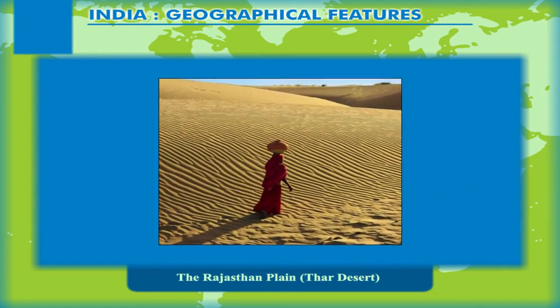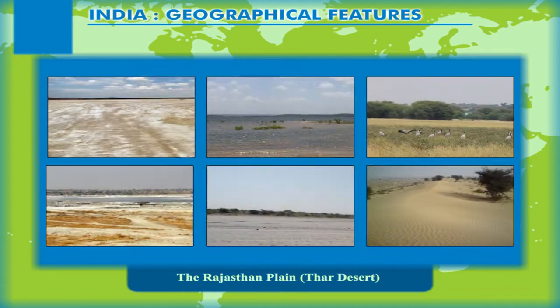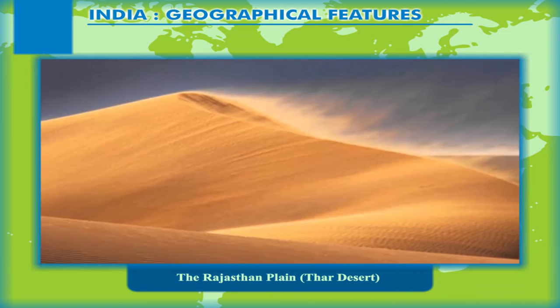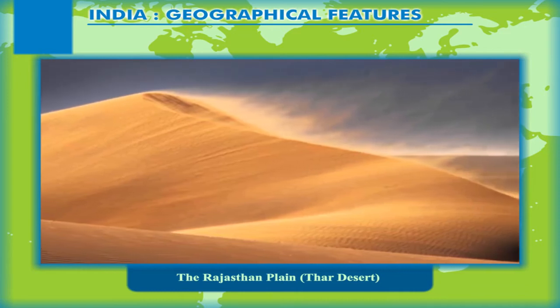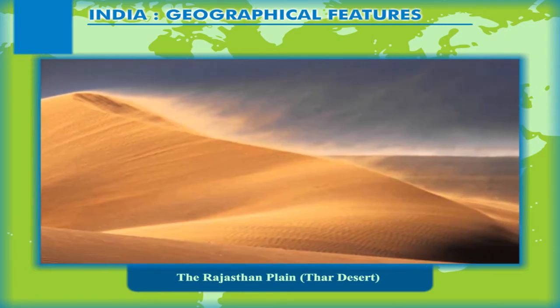This part of the northern plains is mainly covered with sand dunes and a number of salt lakes like Sambhar, Kuchaman, Degana, Didwana, Pachpadra and Lunkaransar. This plain is dominated by the work of wind and not rivers, unlike the other parts of the northern plains.